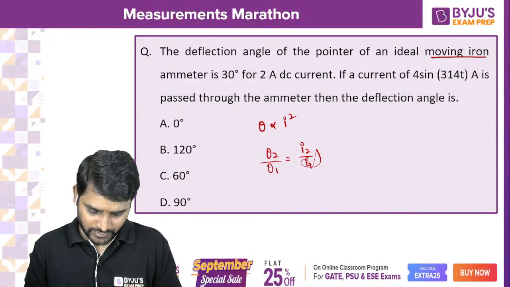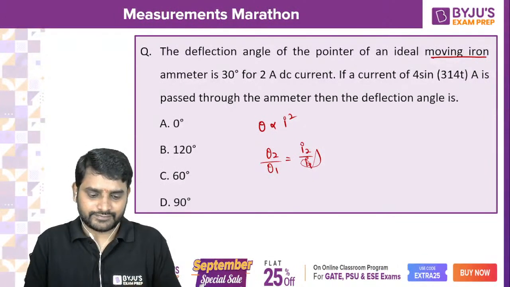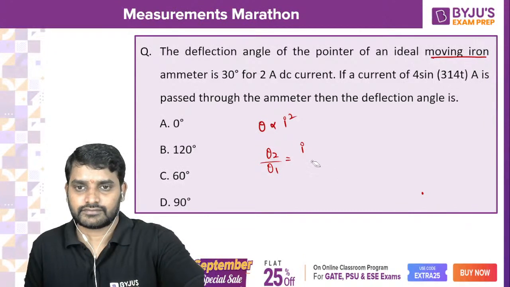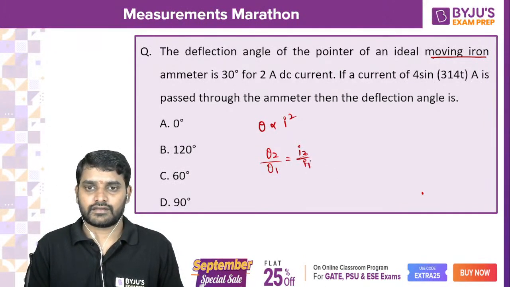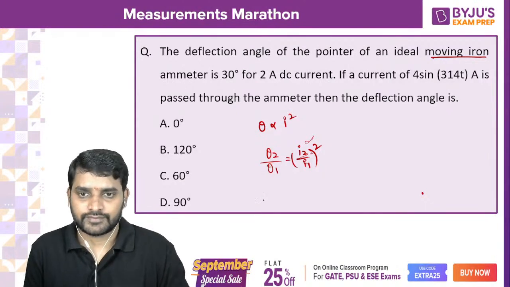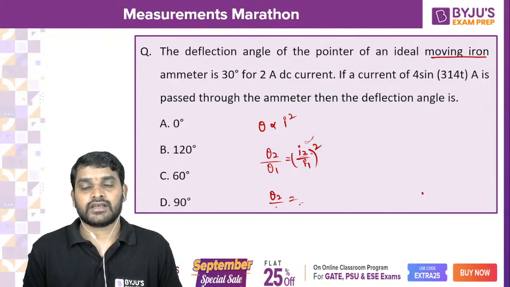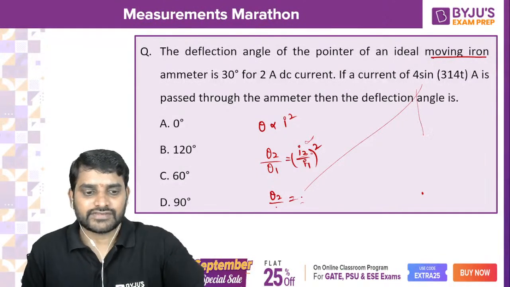I2 by I1 whole square. Now can you substitute the values? Theta 2 is equal to I2, which is 4.